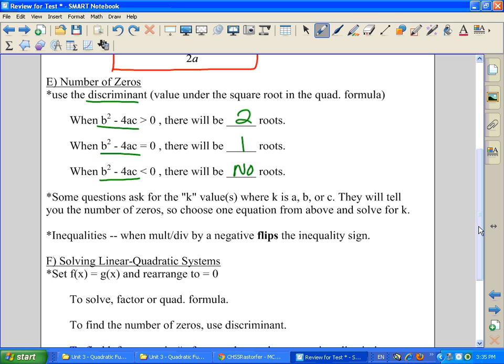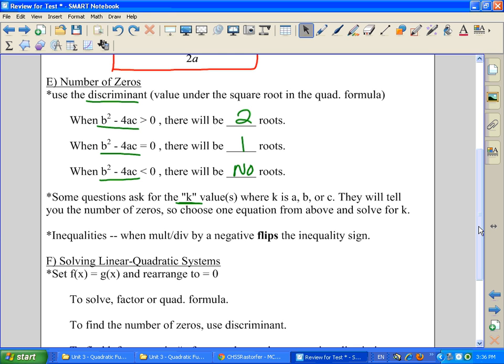Okay, some questions ask for the k values. So just remember that when you're looking for k values, those aren't actually your roots. Those are just the numbers that you will sub in. Okay, so you choose one of these equations depending on if it's got 2 roots or 1 root or 0 roots or x-intercepts or solutions, and then you allow yourself to deal with an inequality or an equation.